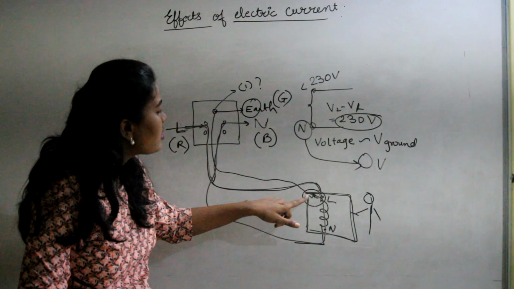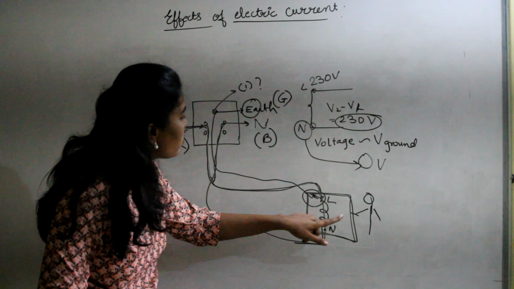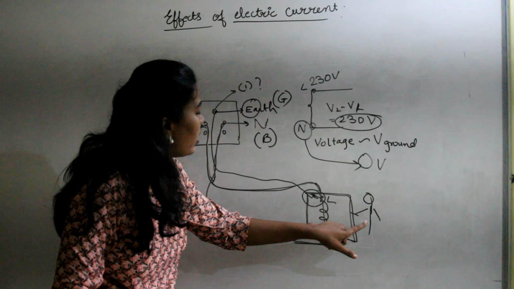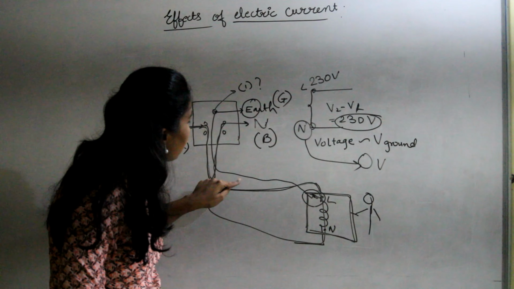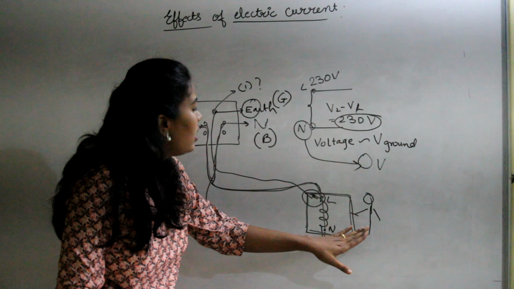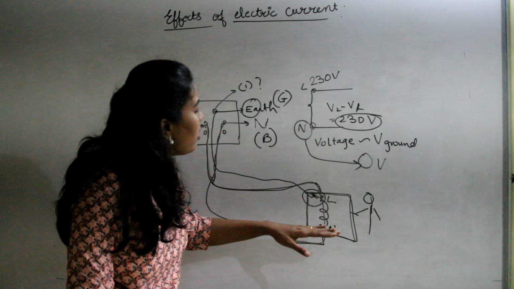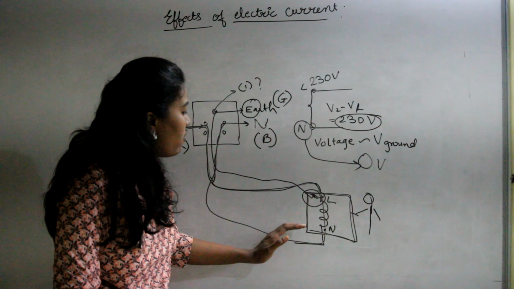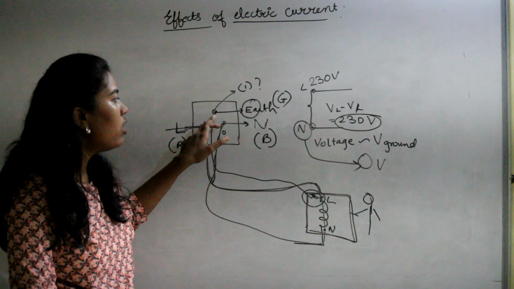So the current, whatever current was flowing due to the fault, will go to the earth terminal.